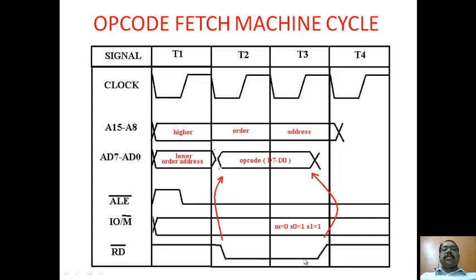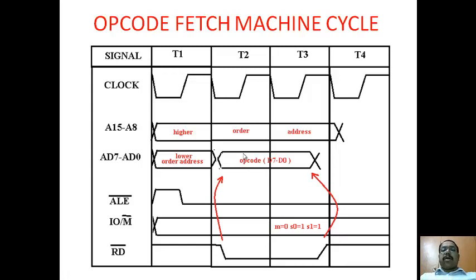So your read signal is brought down. Once the read signal is brought down, this opcode is read by the microprocessor from the memory into the processor. So we have seen what the control signals should be. Since it is from memory, IO bar M should be 0, S0 and S1 both should be 1 for opcode fetch.